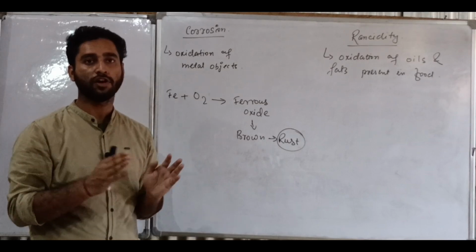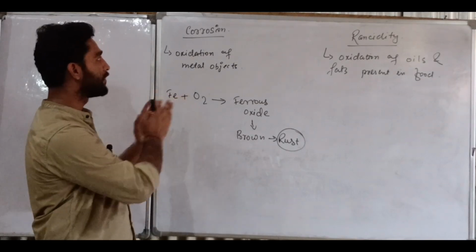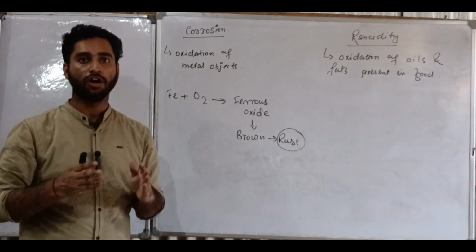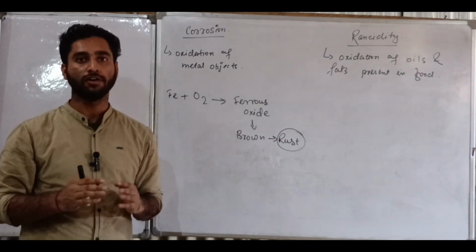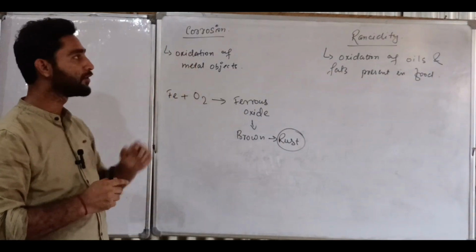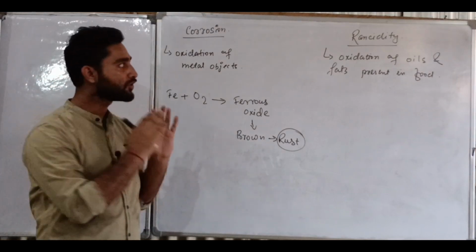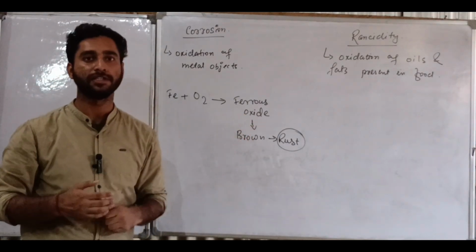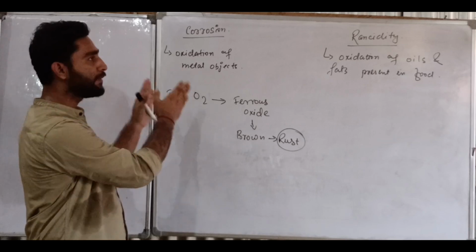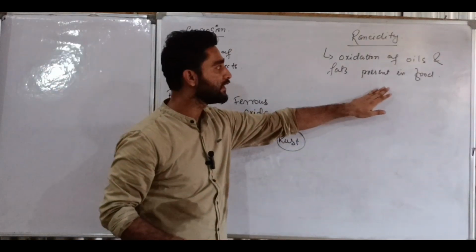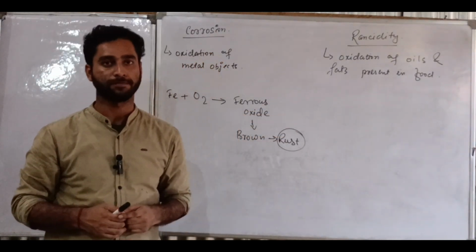This tarnishing of copper is also an example of corrosion. Or silver objects also get covered with a layer of black color, which is also corrosion. Corrosion is specifically meant for metals, and rancidity is meant for food items.